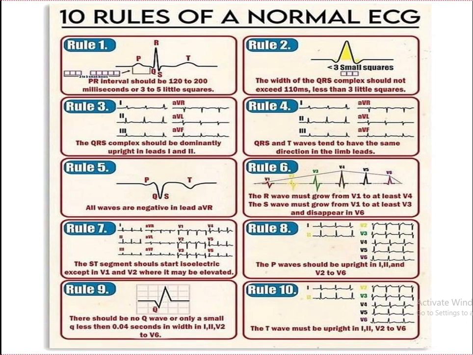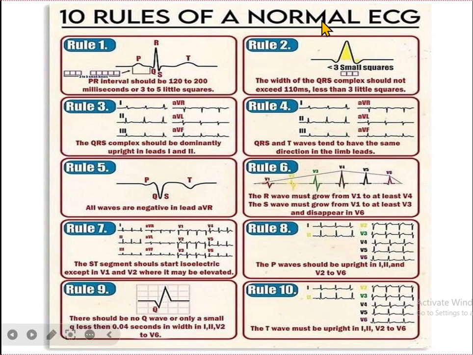So the least time that we expect the PR interval to take is 120, and the greatest time normally is 200 milliseconds, the same as 0.2 seconds. So if you measure the PR interval and it is beyond that limit, that means there is a problem in the conduction system. Either the AV node is compromised or the bundle of His.